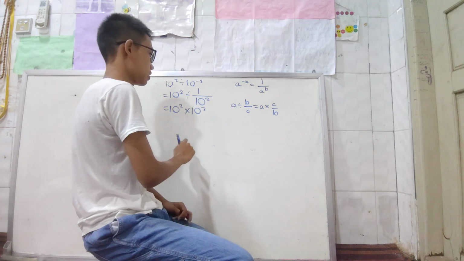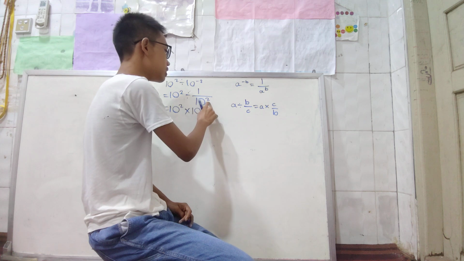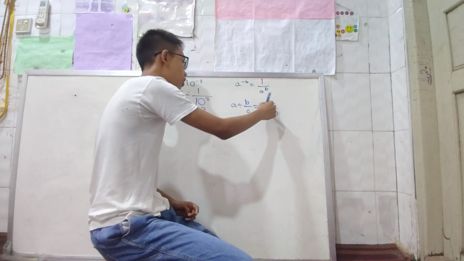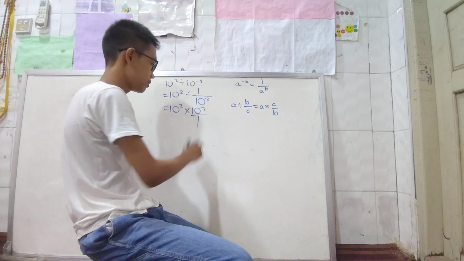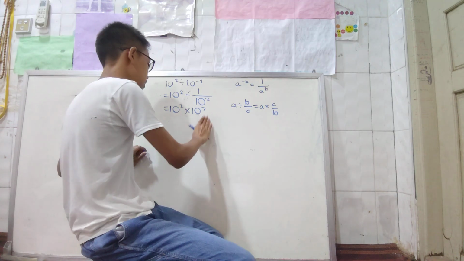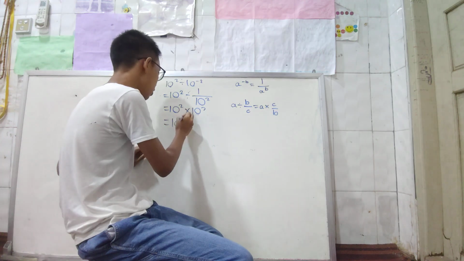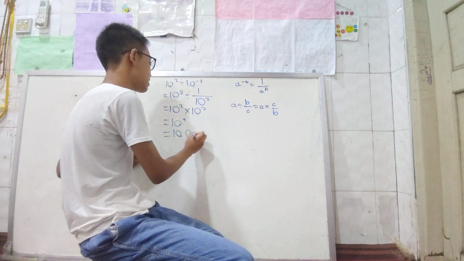So a multiplied by c is 10 to the power of 2 times 10 to the power of 2, over b, which is 1, but there's nothing written, so we can view this as 1. So that's going to be 10 to the power of 4, which is 10,000.